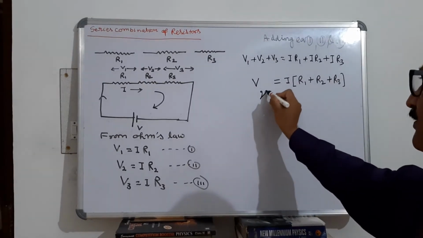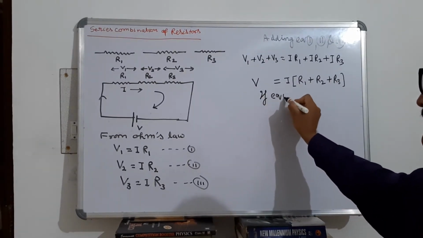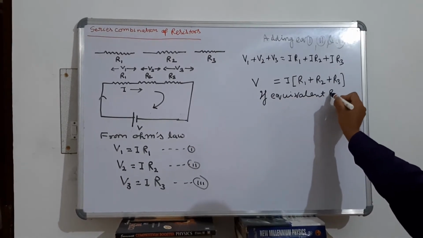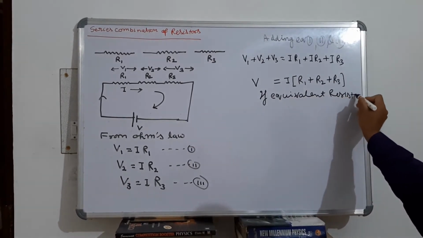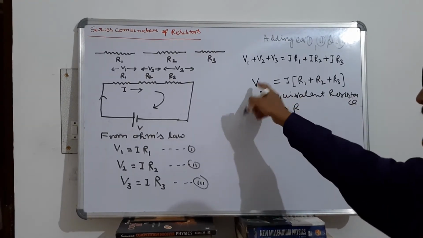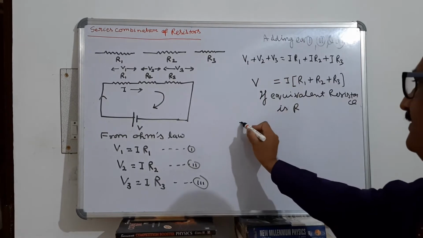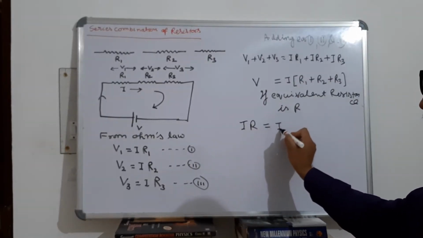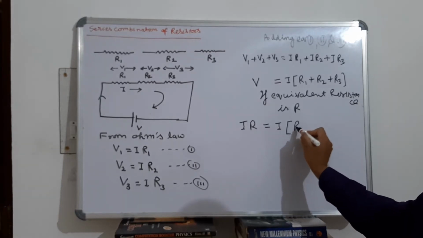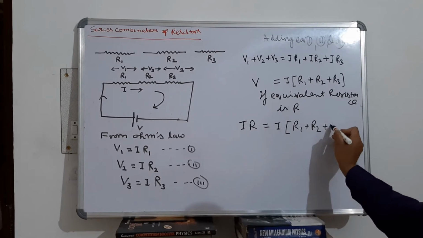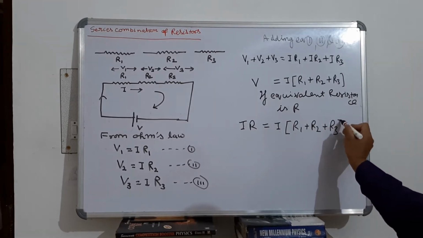Now, if equivalent resistance of the circuit is R, then in place of this V, we can write I into R. I into R is equal to I times R1 plus R2 plus R3.